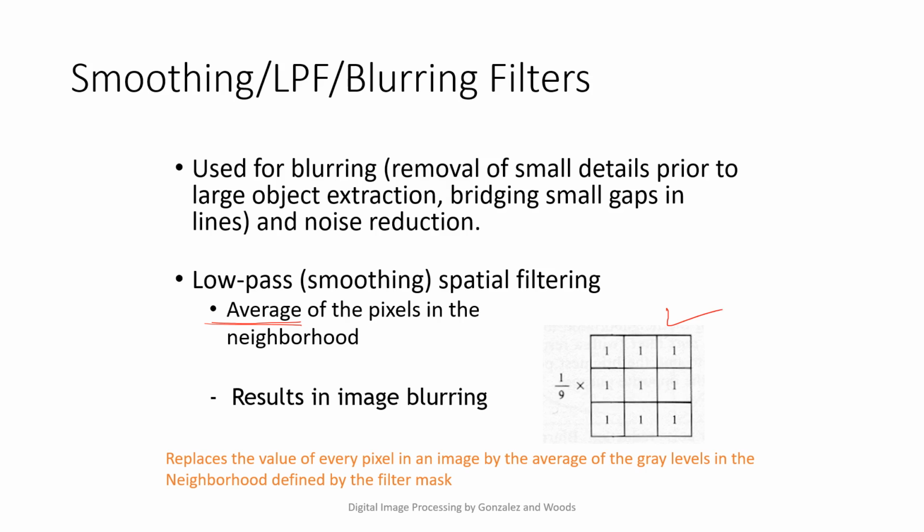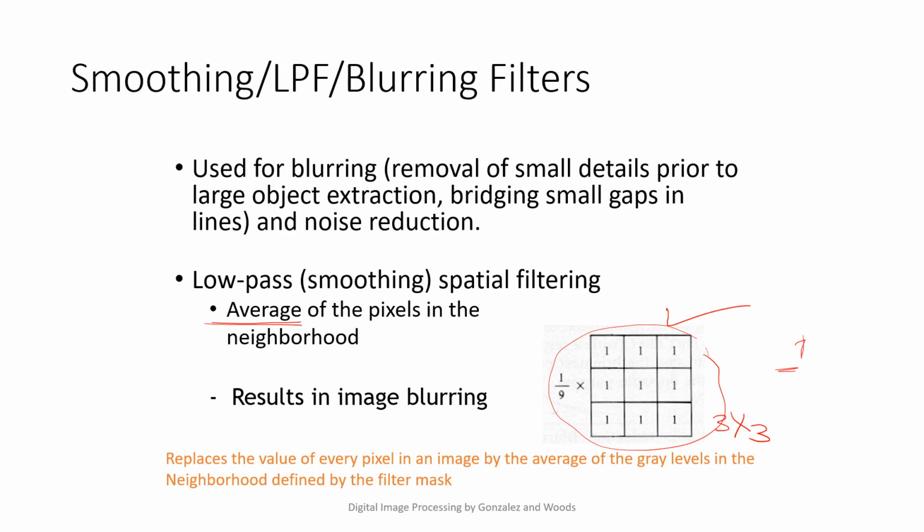This is a mask commonly used for smoothing or averaging filters. This is a 3 by 3 mask, and the property of the averaging filter mask is that the sum of all the coefficients of the mask should be 1. This you have to remember. If I add all these, I'll get 1.